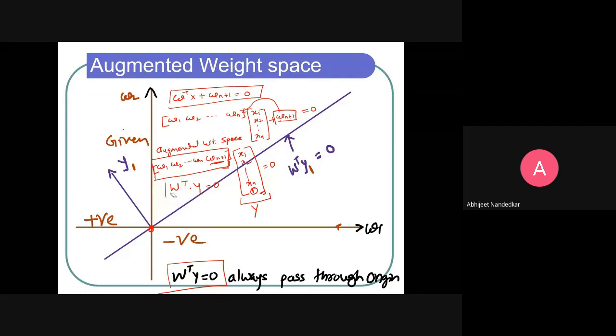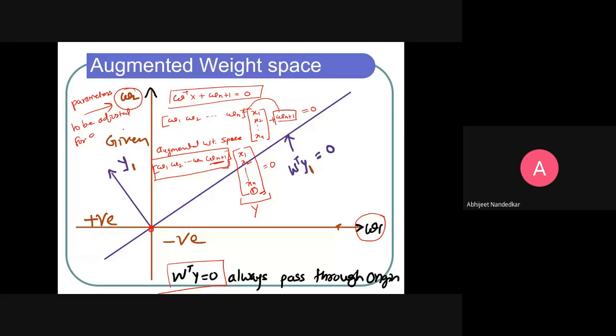Now this is a weight space instead of feature space. So what is done here? Remember, I am plotting now in weight space. So this is my w1 and w2. These are parameters to be adjusted for a given input. Given input x1 will be suffixed with 1, so that is converted into y.